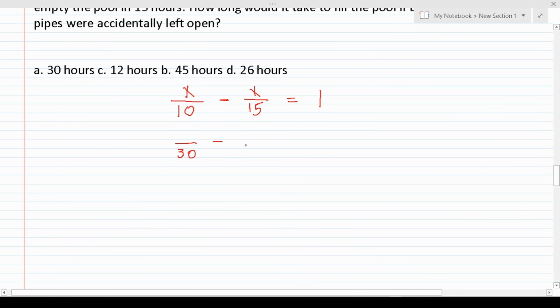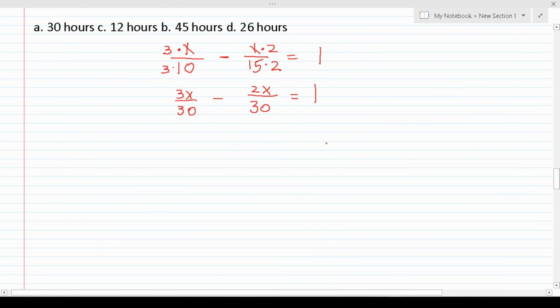So we'll put both fractions over 30 so we can do the subtraction. 10 times 3 will give you 30, so in order to make 10 into 30 in the denominator, we multiply by 3, and we do that to the numerator as well. So this is going to be 3x. In order to make 15 into 30 in the denominator, we multiply by 2, and we do that in the numerator as well. So this is going to be 2x.